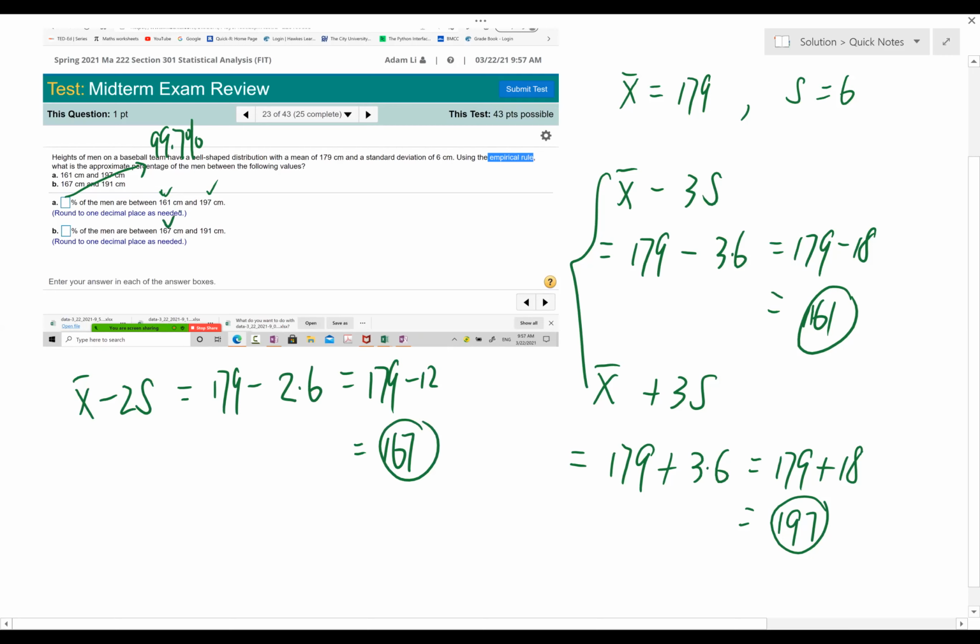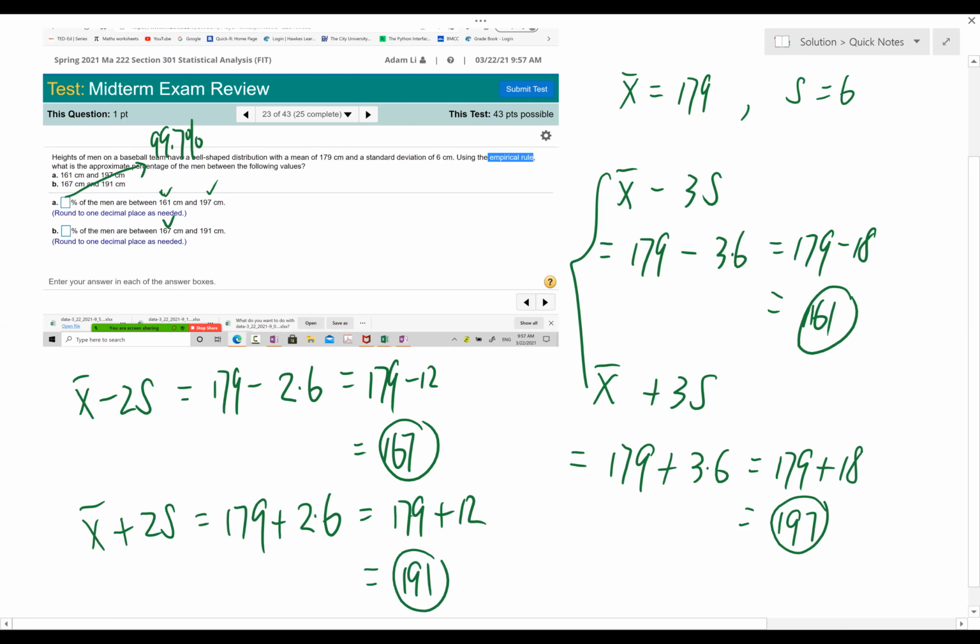So it does match the lower limit. The upper limit, x bar plus 2 standard deviations, is 179 adding 2 times 6, 179 adding 12, which turned out to be 191. So we confirm that it's within 2 standard deviations of the mean. So this value should be 95%. 95% of the men are between 167 centimeters and 191 centimeters.